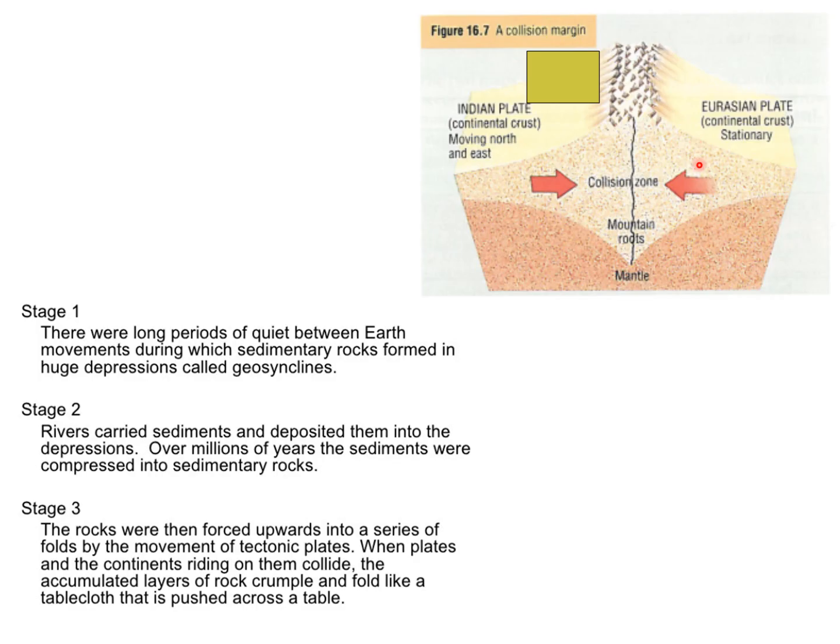Now, all of this would have been under the ocean, and it's been squeezed upwards as the two plates have collided together. If you imagine these two plates a little bit further apart, there would have been a shallow sea or ocean in that area, what we call a depression. We call it a geosyncline.